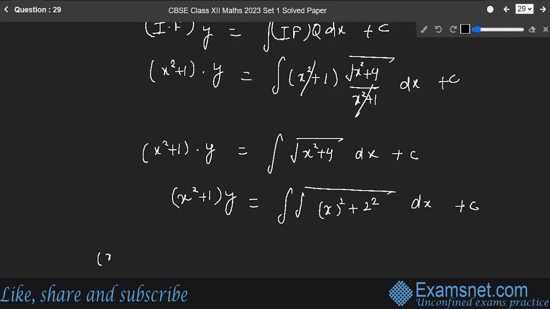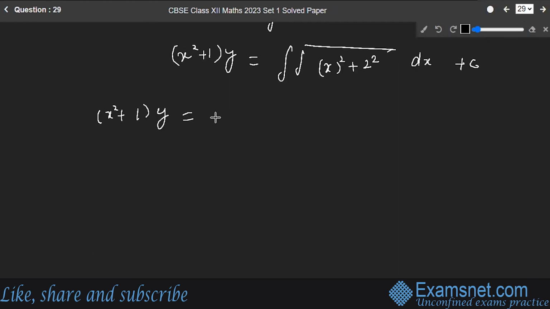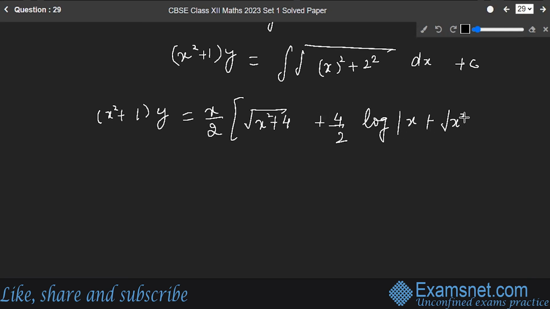So this becomes x squared plus 1 y is equal to x by 2 root of x squared plus 4 plus 4 by 2 log of x plus root of x squared plus 4 plus the constant c.